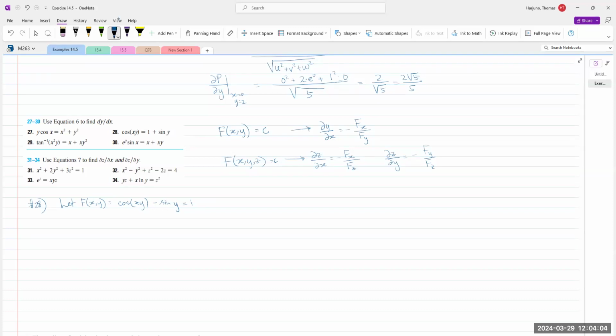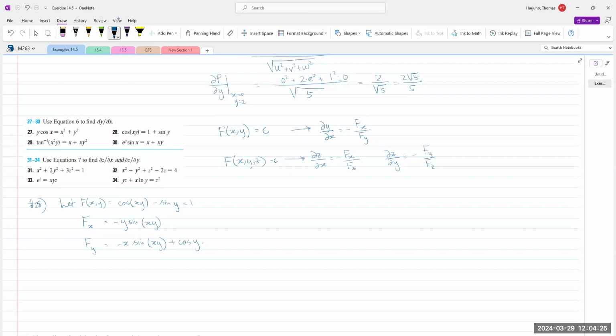Now the partial with respect to x is negative y sine xy, and the partial with respect to y will be negative x sine xy plus cosine y.